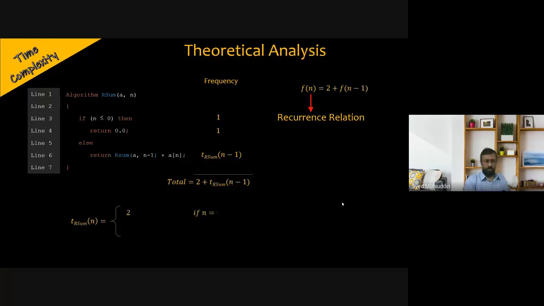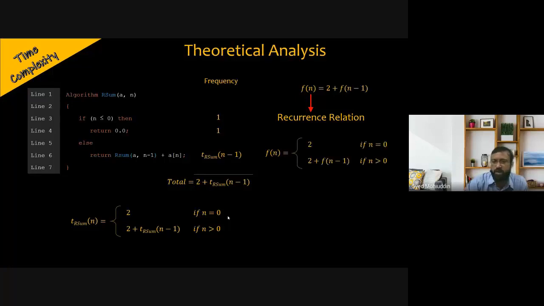These are known as recurrence relations. So if we consider this, t of n takes constant time 2 when n is equal to 0, and 2 plus t of n minus 1 if n is greater than 0. In terms of functions, we can write the recurrence relation as f of n equals 2 if n equal to 0, and 2 plus f of n minus 1 if n is greater than 0.